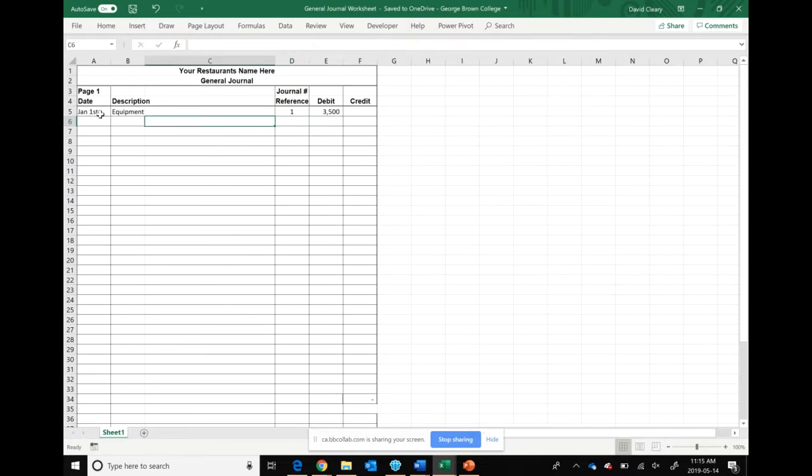In this case, the next line, which is the account being credited, is indented. It's going to look funky, but it's indented. What account are we crediting? Cash, absolutely. Cash, and it is credited by $3,500.